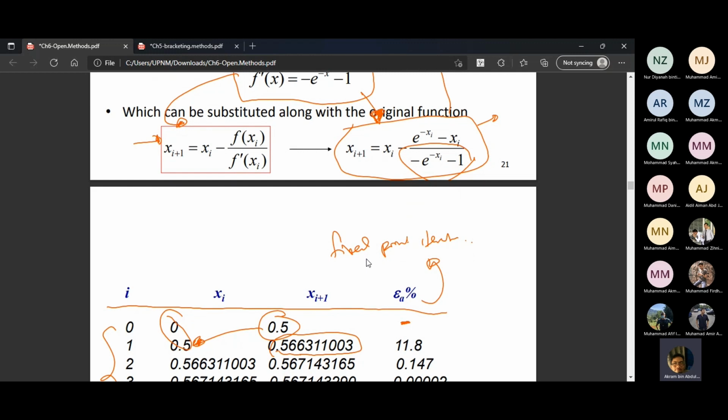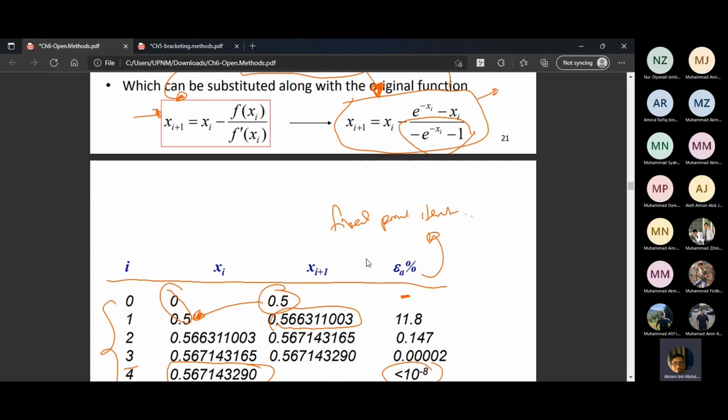So for x(i+1), so for x1, we got x0 minus f of x0 divided by f prime of x0. So 0. So we get our value as 0.5. So when our i equal to 1, so our xi is 0.5.